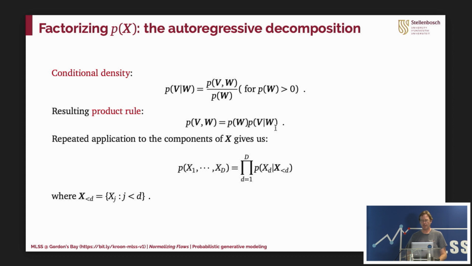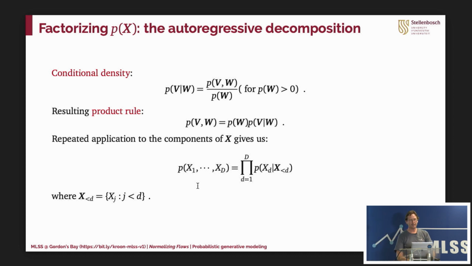If we repeatedly apply this to the components of x, we're taking x, which is a complicated object, and breaking it up into a bunch of parts. These could be individual scalars, but it could also be pixels in an image, or images in a video sequence, where each image is a separate component.